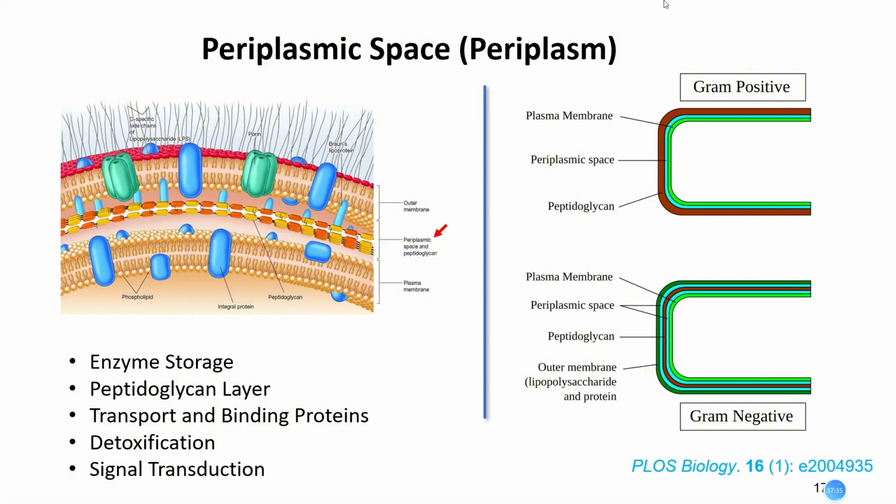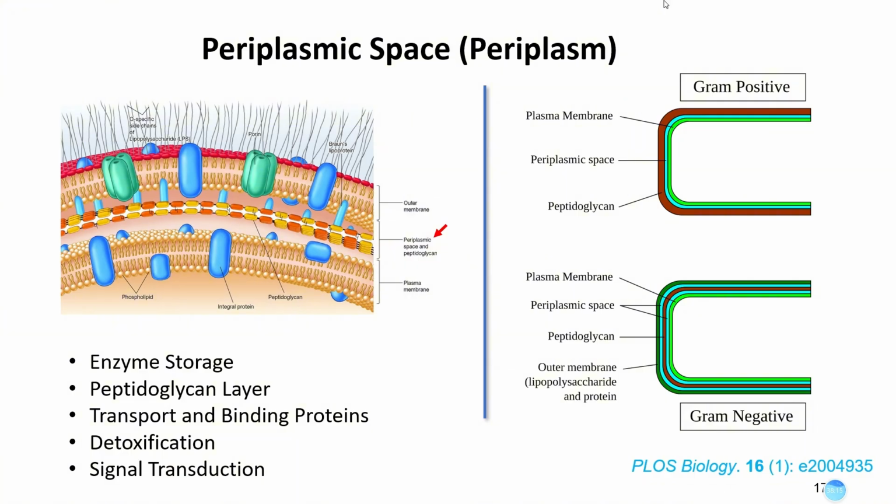Okay. Another structure we want to introduce is called the periplasmic space. Do you understand the meaning of peri? Peri means surrounding, right? Plasmic means like the plasma membrane. Periplasmic space is the space surrounding the plasma membrane.